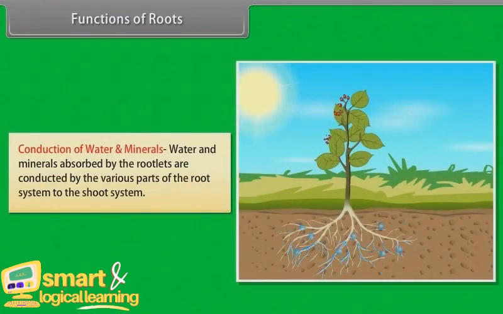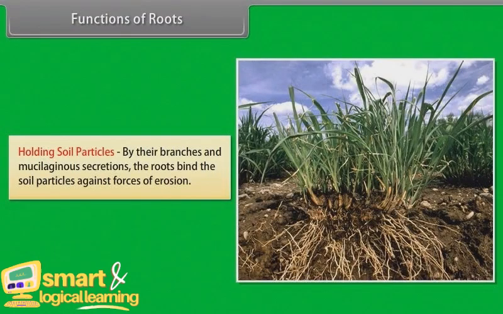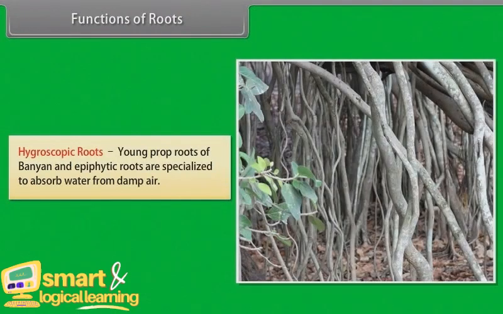Conduction of water and minerals. Water and minerals absorbed by the rootlets are conducted by the various parts of the root system to the shoot system. Holding soil particles. By their branches and mucilaginous secretions, the roots bind the soil particles against forces of erosion. Hygroscopic roots.